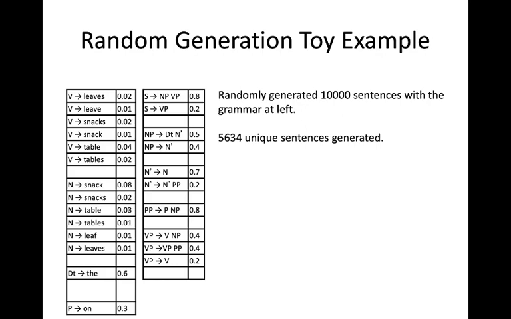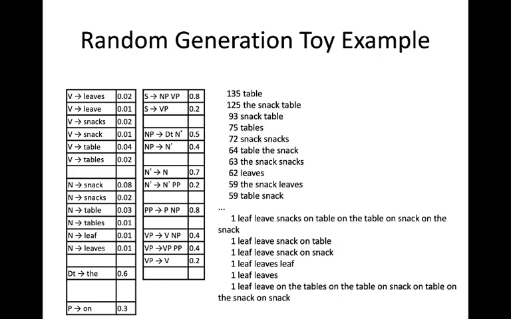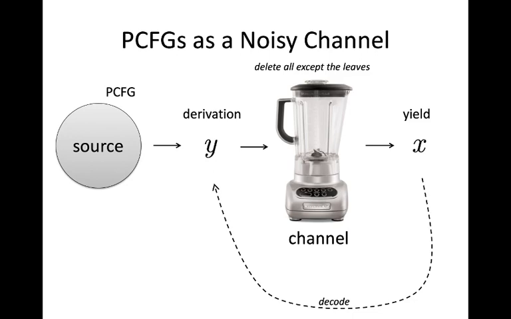So here is a toy example of generation with a PCFG. Actually, this is boring. I'm going to skip it. So one way of looking at PCFGs, not entirely sound, but a way of associating it with a common trope that we've discussed in this class, is to view them as being like a noisy channel model, kind of. So you start off with a PCFG.